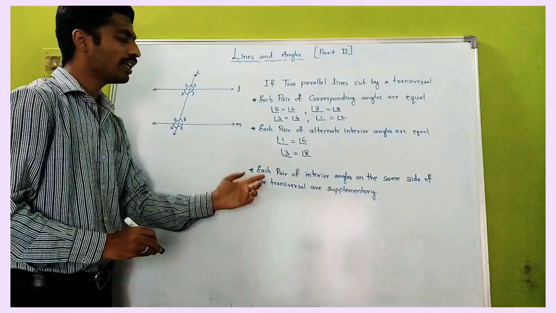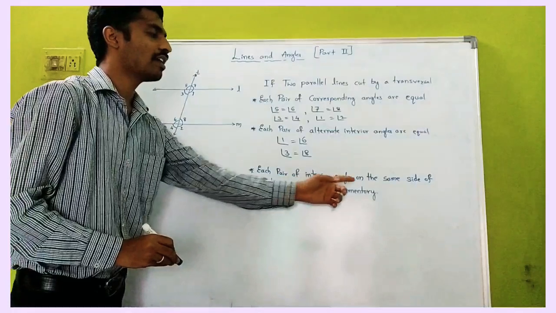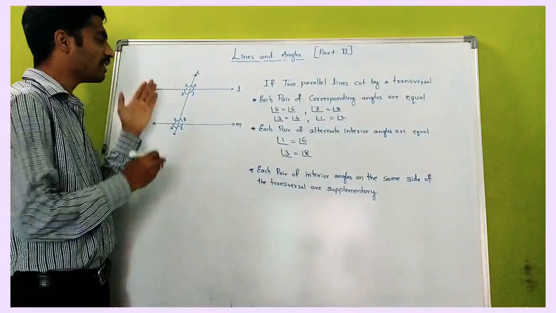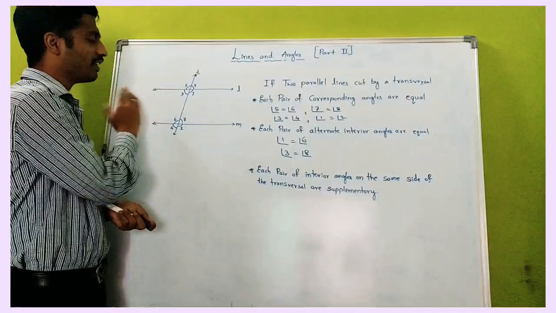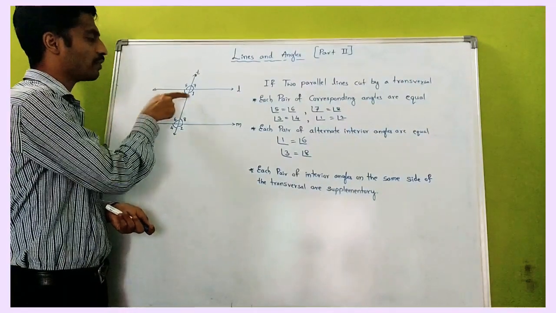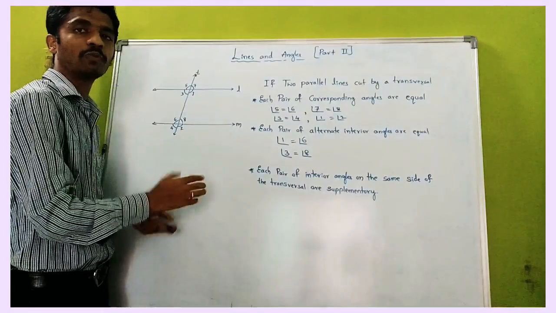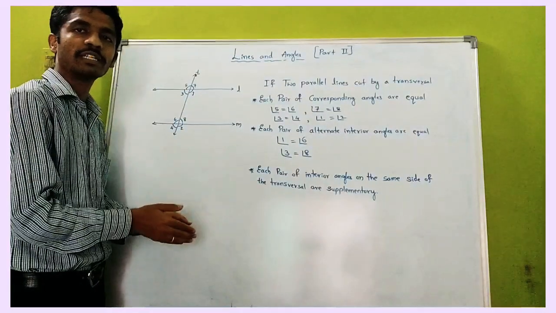Now, each pair of interior angles on the same side of the transversal is supplementary. Same side means here, on the interior: 3 and 6, 1 and 8. If you add them, you will get a supplementary angle. What is a supplementary angle? Supplementary is nothing but 180.